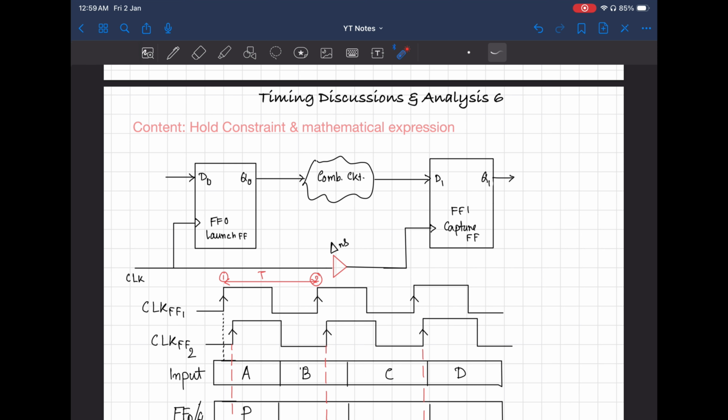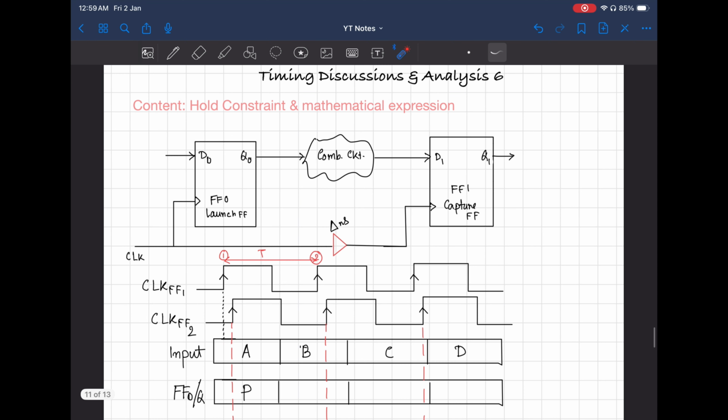Mainly, here also we have two types of definition of the hold time constraint. I'm coming into that, but as you know, everywhere we use this type of small sequential circuit, which is a part of a big one. There the two flops are connected in series, with a combinational circuit in between.